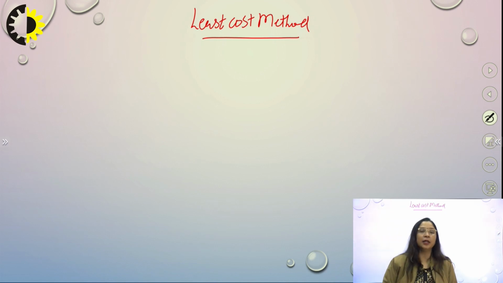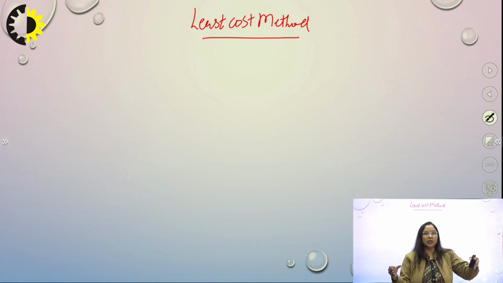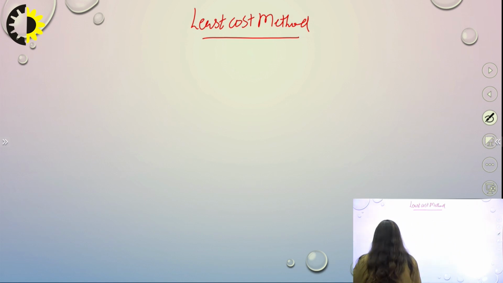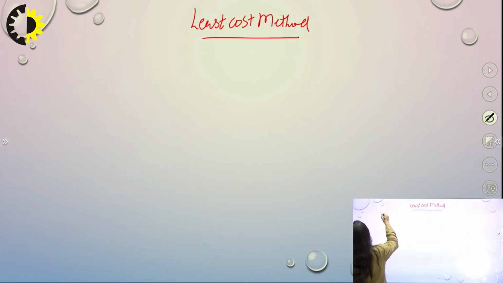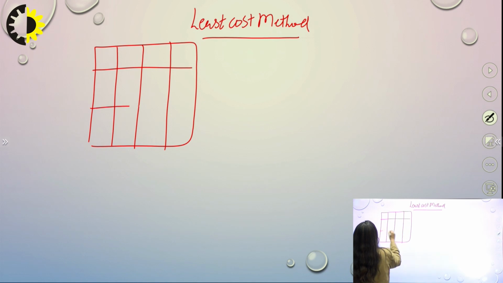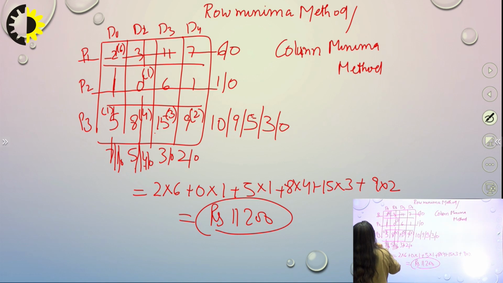I will take a similar example for the least cost method. Since I am taking a similar matrix, because to find out the difference between all these methods we have to have a similar example. Now, I will rewrite this matrix. 2, 3, 11, 7, 6, 1, 0, 1, 5, 8, 15, 9.